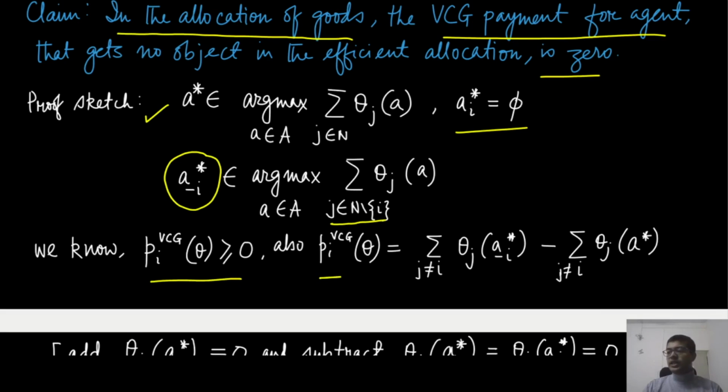Now we are going to write the same expression, where this is the first term, just that we have replaced the allocation, this A minus i star, which we already know is the allocation that maximizes the sum of the valuations except agent i when agent i is absent. And this is the sum of the valuations of all the players in the presence of agent i, but we are just taking the sum of the values of all the players except agent i.